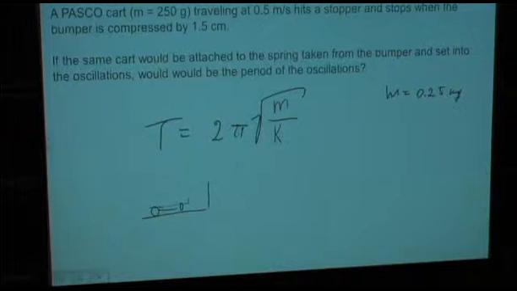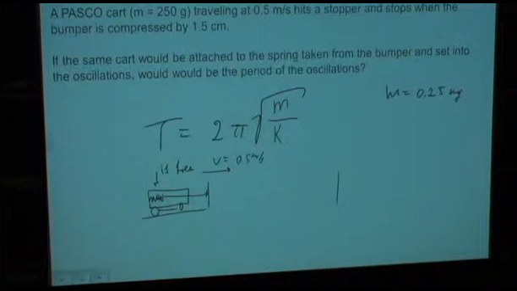Well, this is the cart with this bumper. When it just starts touching the wall. So this spring is free yet, and it's moving at 0.5 meters per second. But eventually it stops.